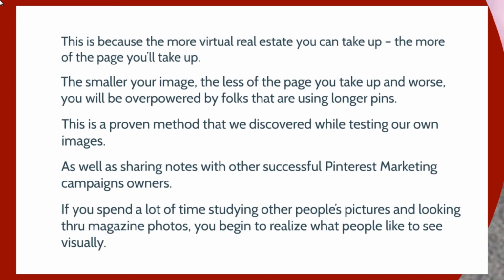So if you spend a lot of time studying other people's pictures and looking through magazine photos, say you take a magazine from a bookstore and look through it, you begin to realize what people really want to see visually in your niche. That's why I showed you the method earlier where we looked at the magazines and then kind of reverse engineered it by going to the website and taking a look at that.